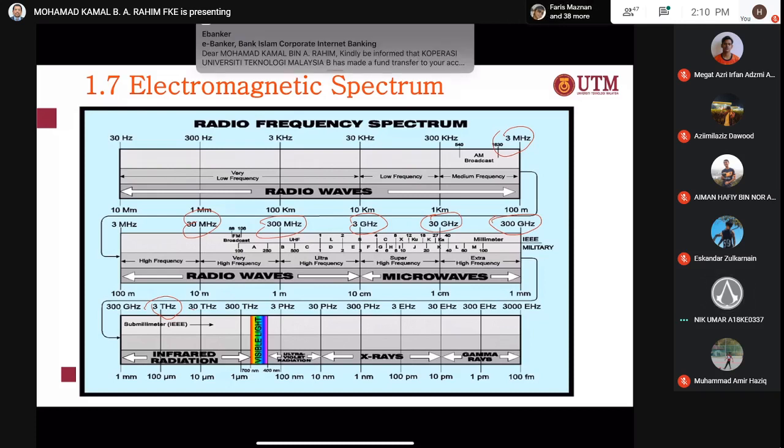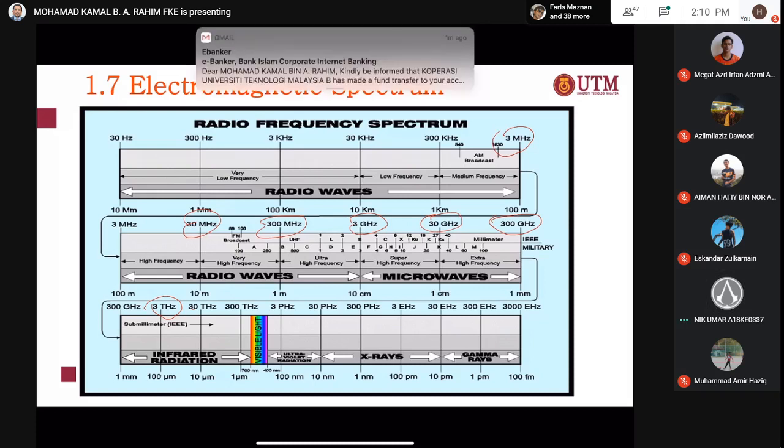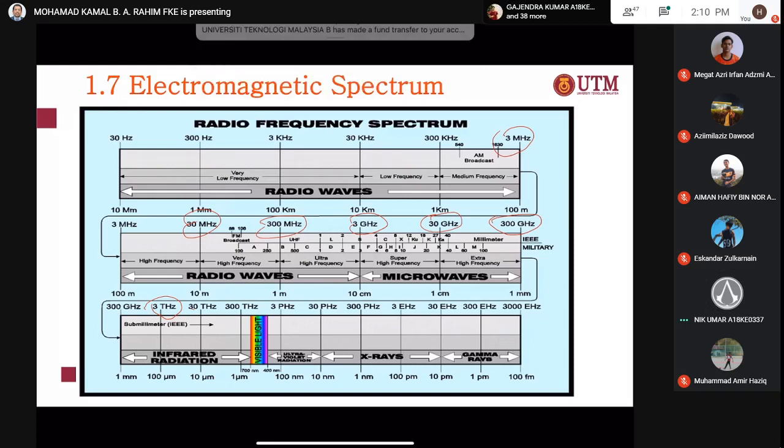So actually this is just a short form, like kilohertz. We know that is 10 to the power of 3, mega 10 to the power of 6, giga 10 to the power of 9, tera is 10 to the power of 12, peta is 10 to the power of 15, exa stands for 10 to the power of 18. The other way, we start with milli: milli is 10 to the power of minus 3, and before milli, micro.